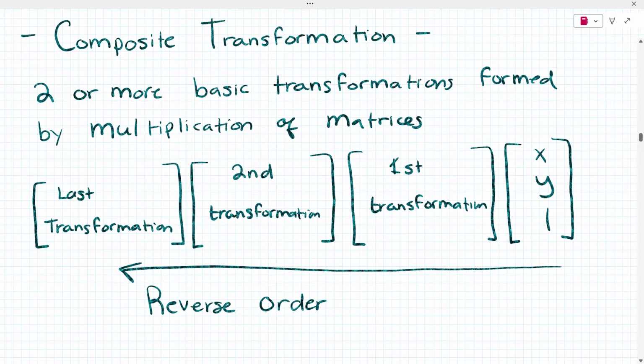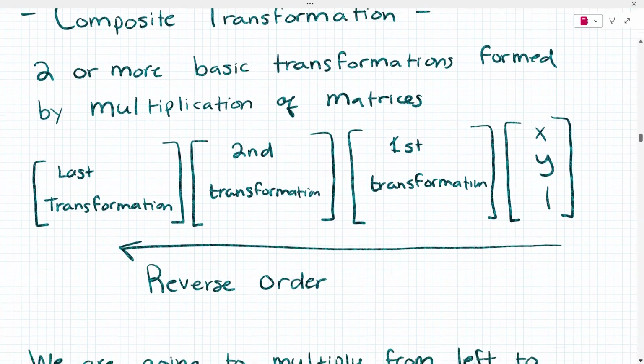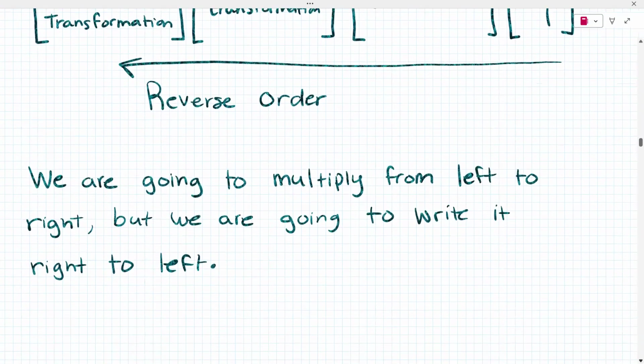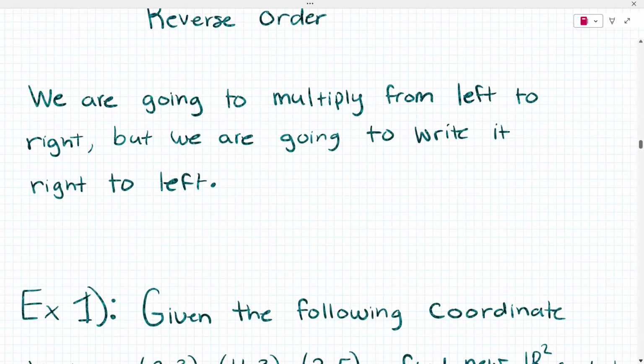So you put the first transformation on the right, the second transformation to the left of it, and the last transformation goes furthest left. It's like reverse order, right? We multiply from left to right, but we write it from right to left.